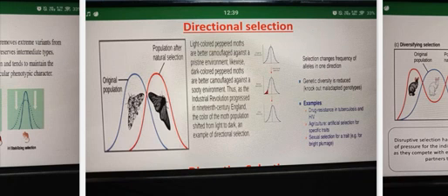Thus, as the industrial revolution progressed in 19th century England, the color of the moth population shifted from light to dark, an example of directional selection. Selection changes frequency of alleles in one direction. Genetic diversity is reduced. Knockout maladapted genotypes. Examples: drug resistance in tuberculosis and HIV, agriculture, artificial selection for species specific traits.